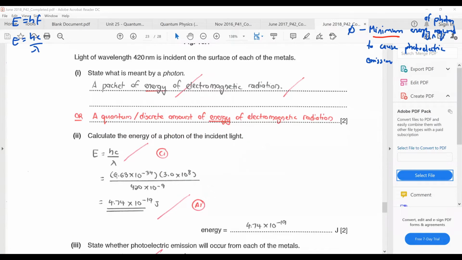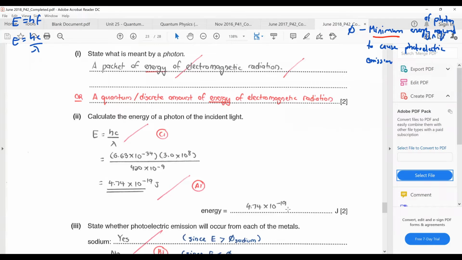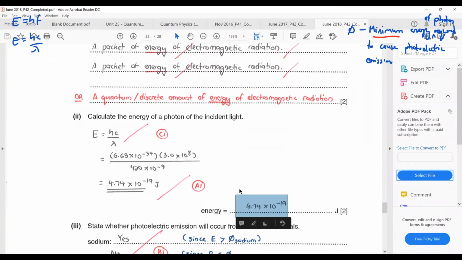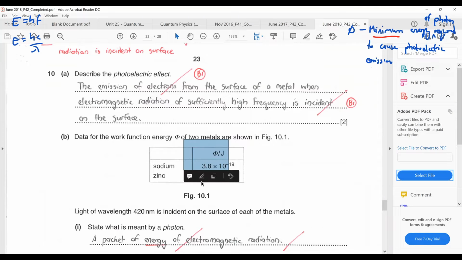The energy of your photon itself is this one, the energy of the EM radiation, which is considered as your photon now. So the energy of your photon is 4.74 times 10 power minus 19. You have to make a comparison between this energy of photon and the work function energy.